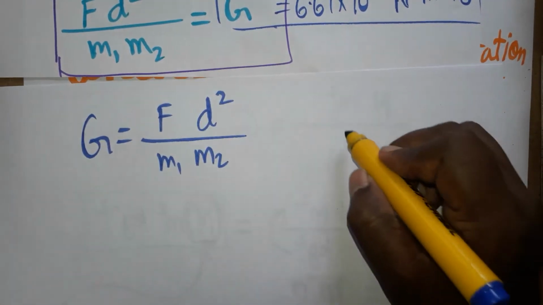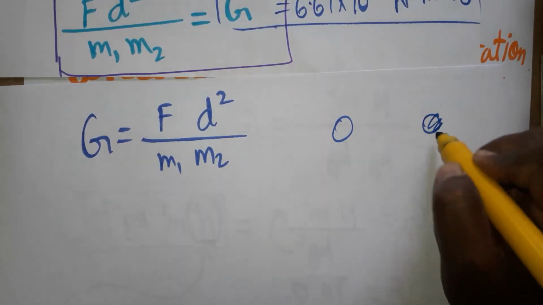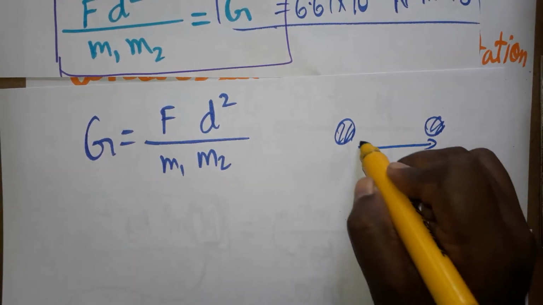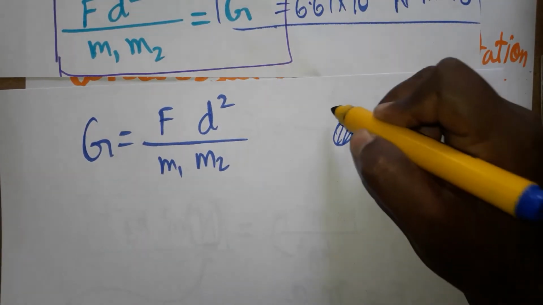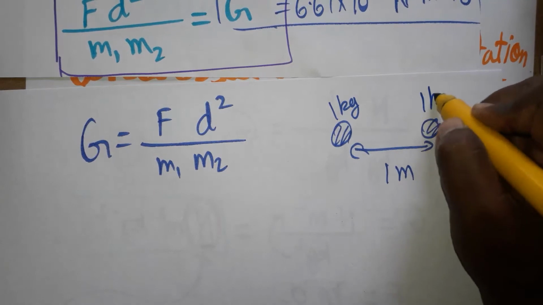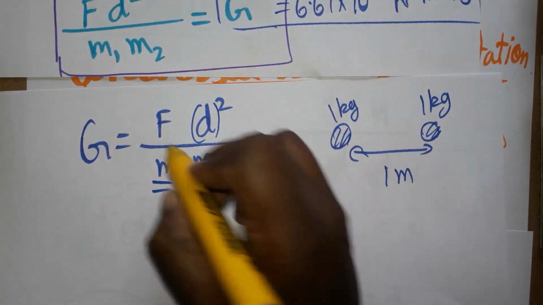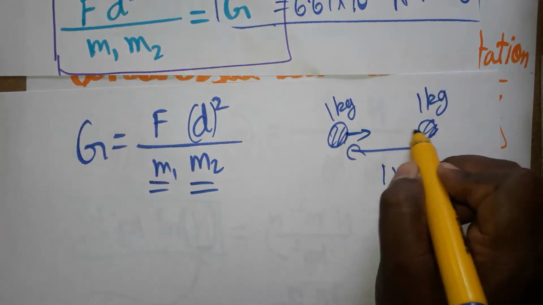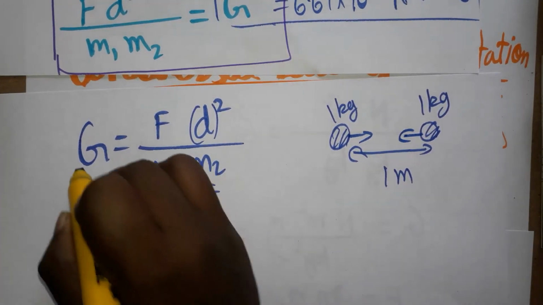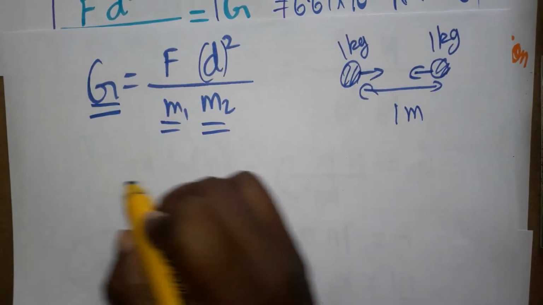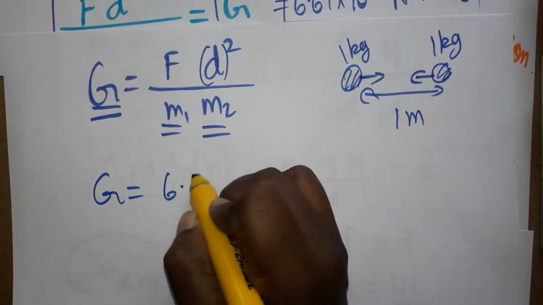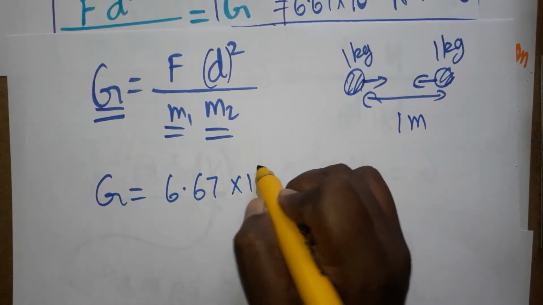Take the distance between any two objects as 1 meter, and each object as 1 kg. So what force of attraction is created between these two objects? That is what we take as capital G, equal to 6.67 into 10 power minus 11.